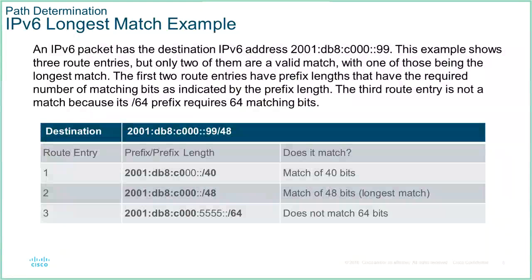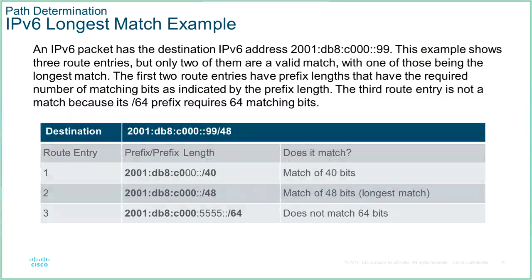So that disqualifies itself. The /40 is a positive match, but the second entry, the /48, is the longest match because it matches all 48 bits of the network portion of the address. So that's a precise match, network for network. So that's the one it will use.